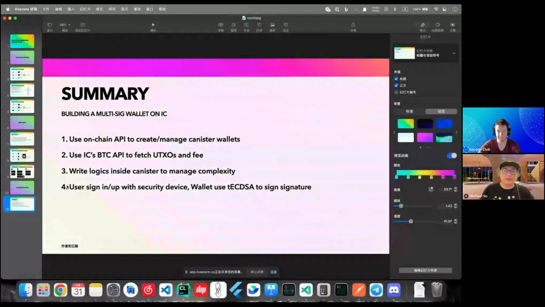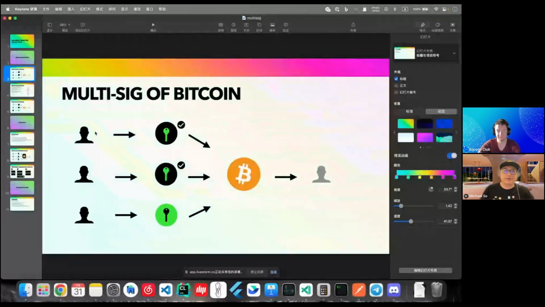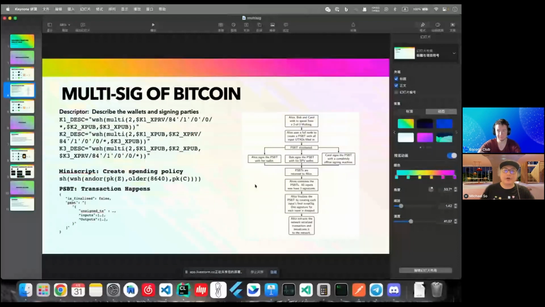You can see the difference from the traditional Bitcoin wallet, which uses the script to describe and uses the off-chain managed service to collect all the signatures and broadcast to the network. However, because IC is a smart contract platform, everything will be on-chain.